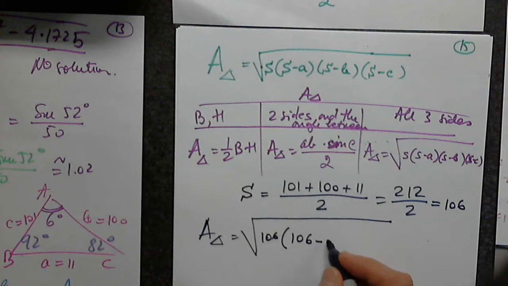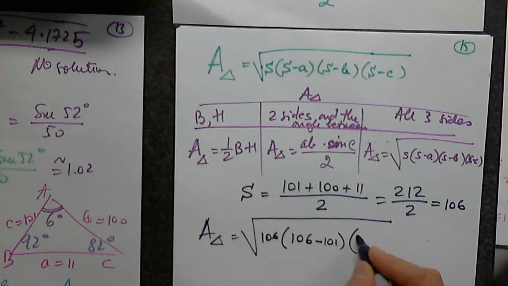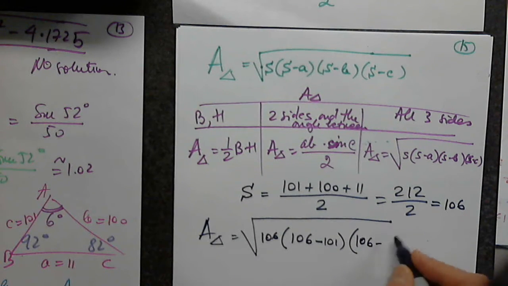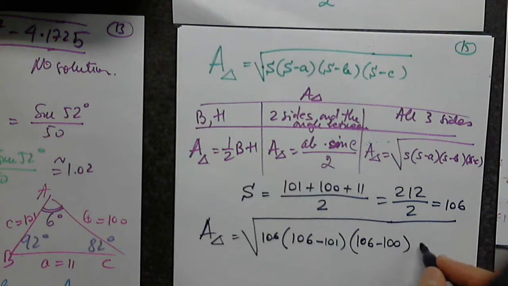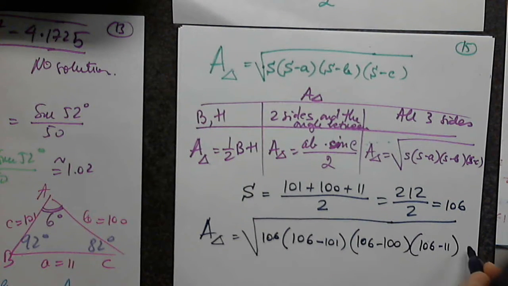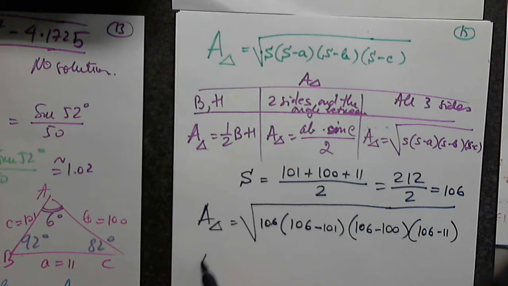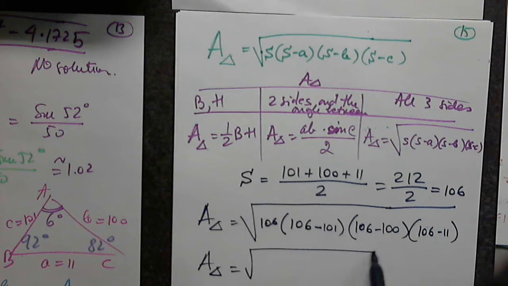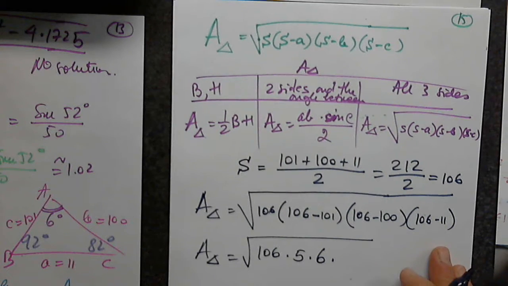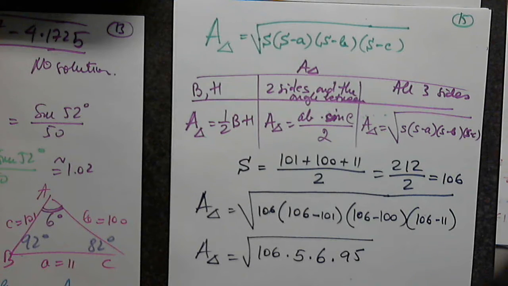106 minus 101 times 106 minus 100 times 106 minus 11. So the area of the triangle will be the square root of 106 multiplied by 5, multiplied by 6, and multiplied by 95. I'll put it in the graphing calculator, multiply all these, put everything in parentheses, mandatory.